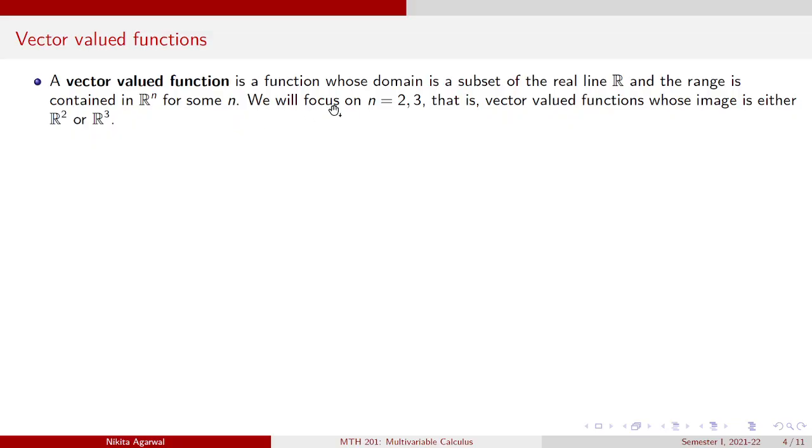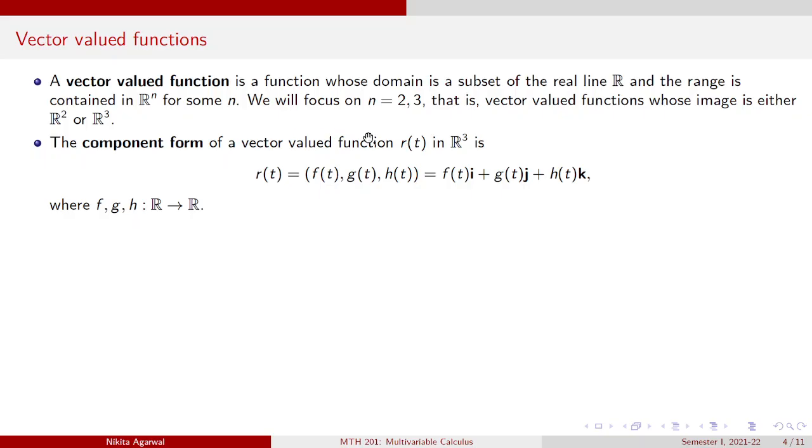In this course, we are going to focus on n equal to 2 and 3. So we are going to look at vector valued functions whose image is either in R2 or R3.